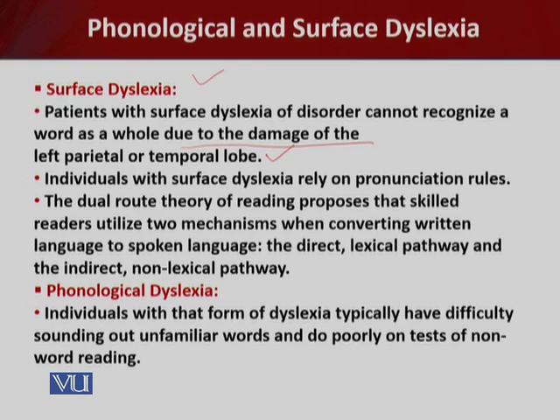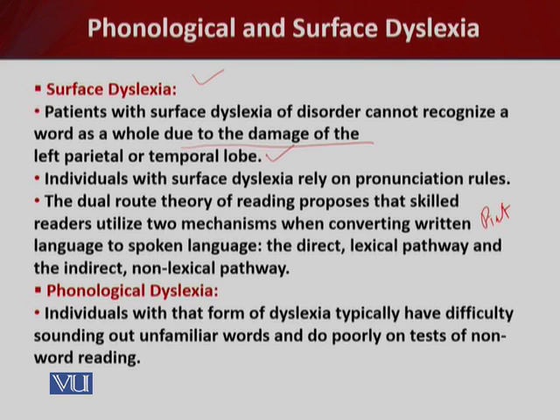For example, a patient with surface dyslexia can correctly read regular words like mint, but will make errors when presented a word that disobeys typical pronunciation rules, like pin. Often semantic knowledge is preserved in individuals with surface dyslexia.